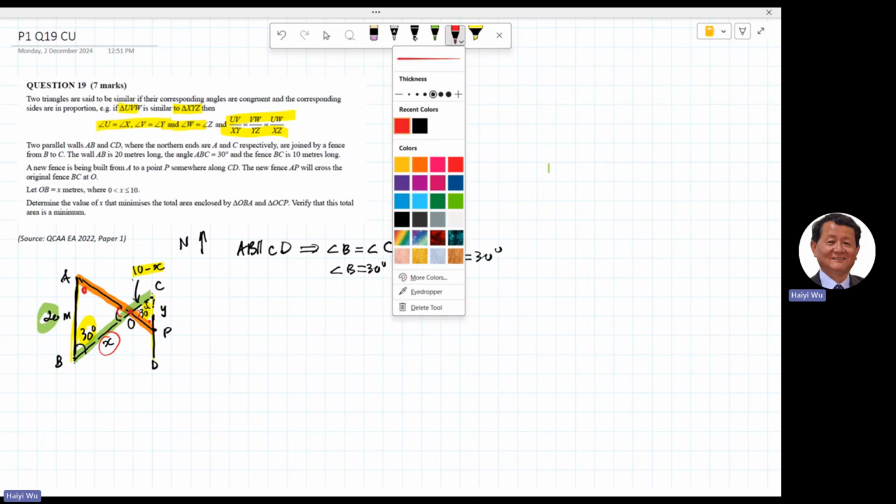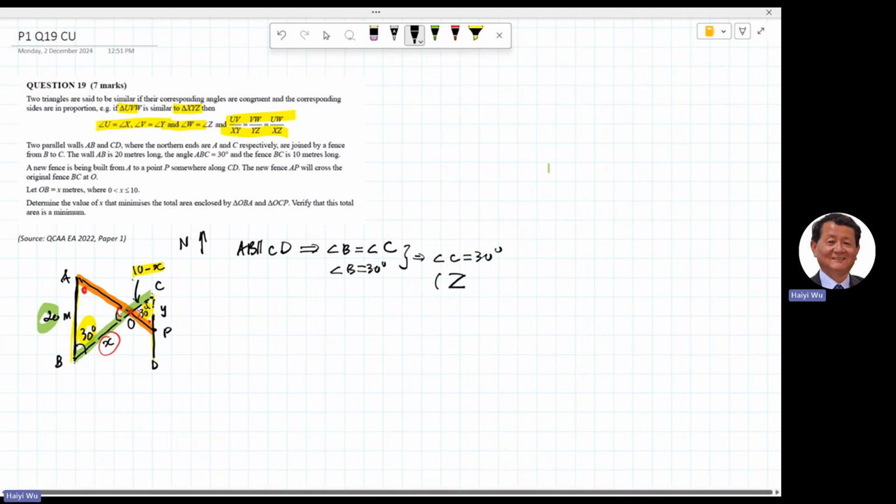If you need a reason, we can say it's Z, where parallel lines are crossed, so the corresponding angles are equal. Also for AB, same reason. Therefore angle A must be equal to angle OPC.